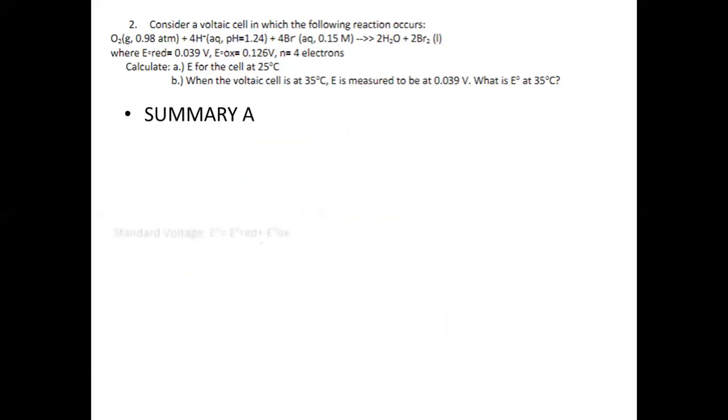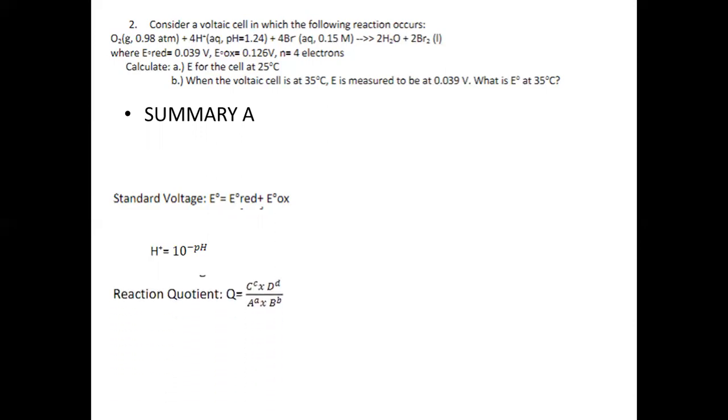Now, let's summarize the solution. Solving for letter A, first, we need to determine the standard voltage. E naught is equal to the sum of voltages for reduction and oxidation. And then we need to get the concentration of hydrogen ion because we are only given pH. So hydrogen ion is equal to 10 raised to negative pH. And then let's go to the reaction quotient.